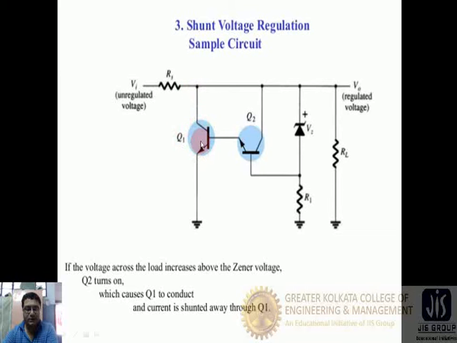If Q1 is more on, the main current is flowing through Q1, and if it is in off state, the maximum current is flowing through this load resistance. So in this way the shunt voltage regulator sampling circuit works, and it produces a regulated output at its load resistance.